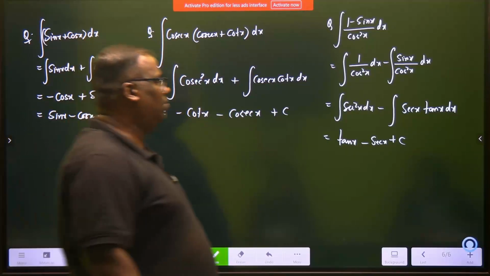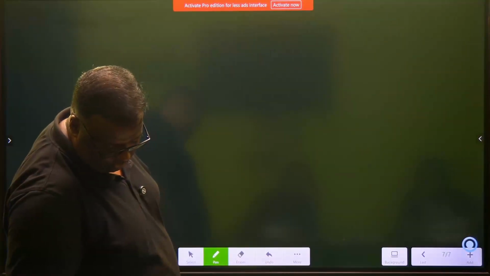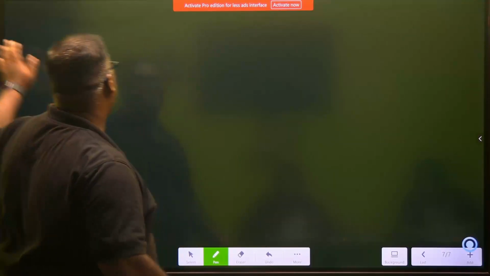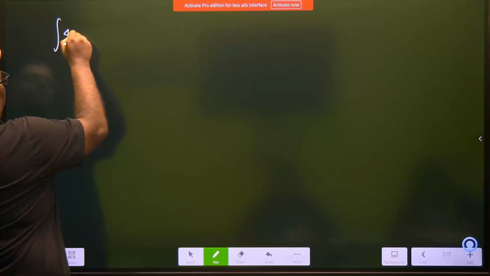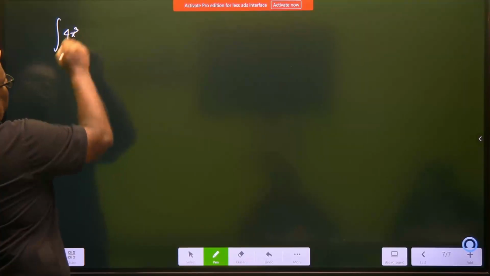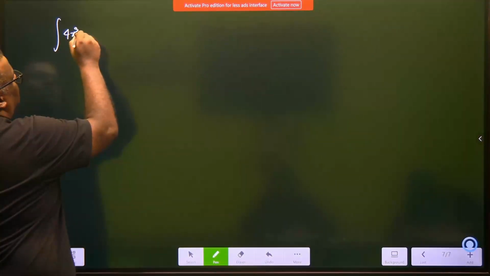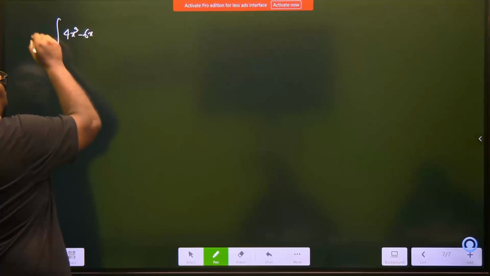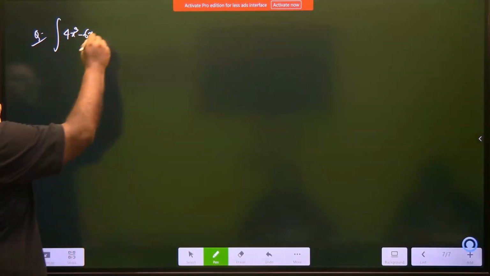Okay, let's see one more problem where your constant will become clear. So they're asking us, find the antiderivative F of f defined by f of x is equal to 4x cube minus 6x. So basically, they're asking you to find the antiderivative of 4x cube minus 6x. For us, it is very easy.